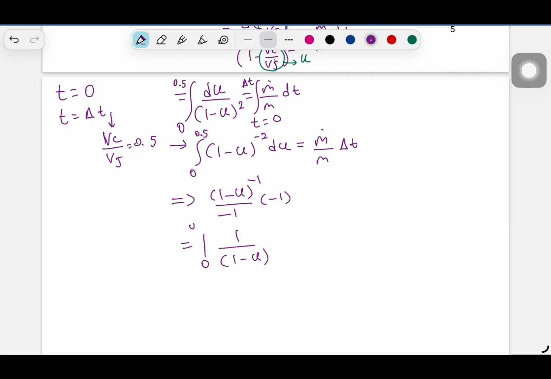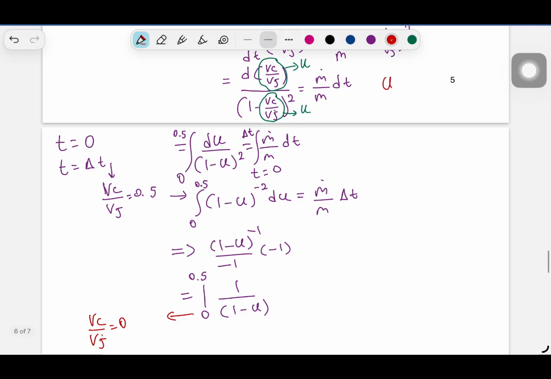And we have two limits, which are 0 and 0.5. Sorry, let me clarify this. So this lower limit is Vc over Vz equal to 0 because we already made this relationship: u is equal to Vc over Vz.